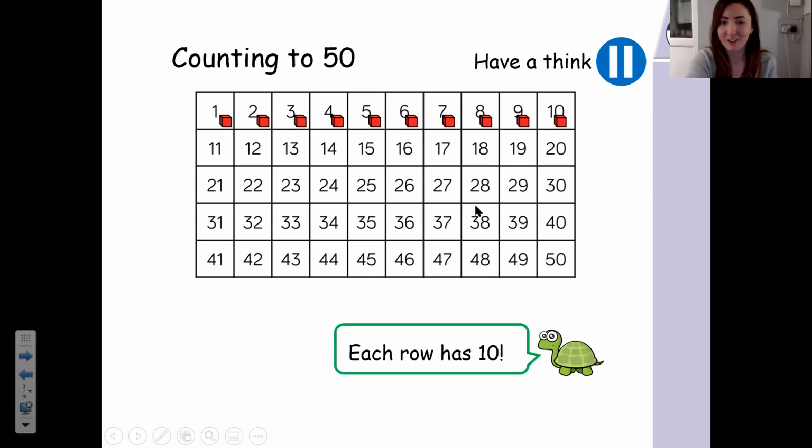So we've got a little friend here. It says each row has 10. So each row in a 100 square, or in a section of 100 square, has 10 in it, or 10 ones, which, as we know, 10 ones is equal to 1 ten.